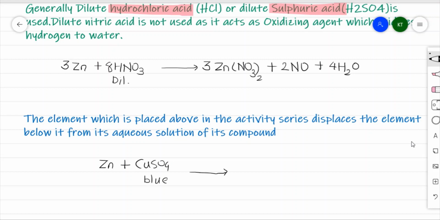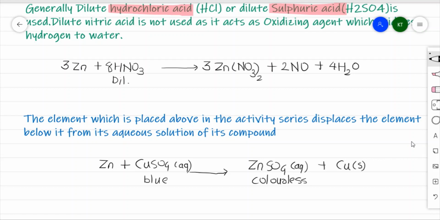Zinc is placed well above copper, so zinc displaces copper from copper sulfate solution. I'll be getting ZnSO4 aqueous solution plus copper as a solid, and this solution will turn colorless.